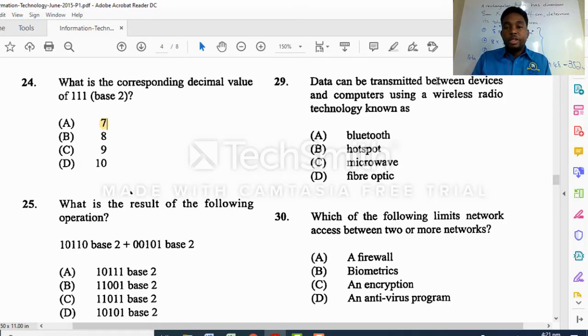Data can be transmitted between devices and computer using a wireless radio technology known as your what? So the wireless radio technology that can transmit data between devices would be Bluetooth.